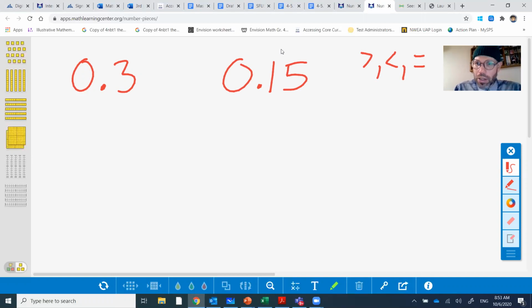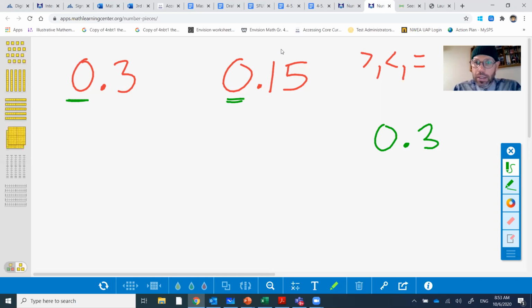So one thing I would do for sure is, first, I could stack my place values. Remember that this is a ones place and it's empty right now, because again, decimals are part of the whole. They're these little parts that make up the whole.